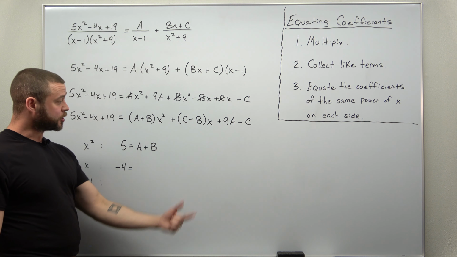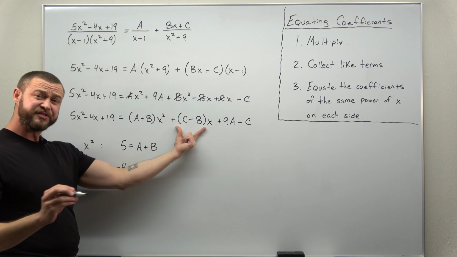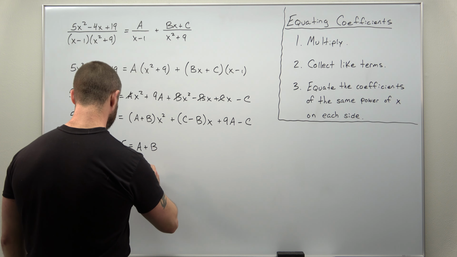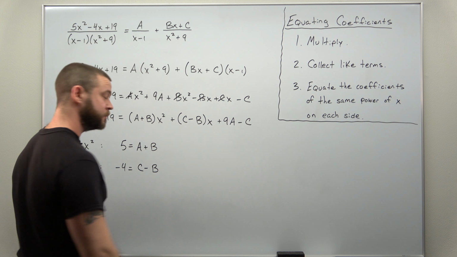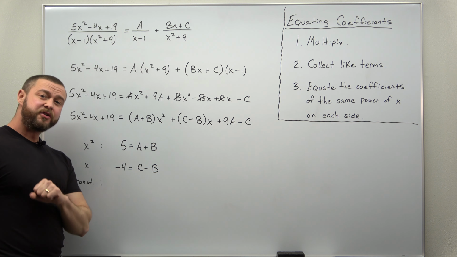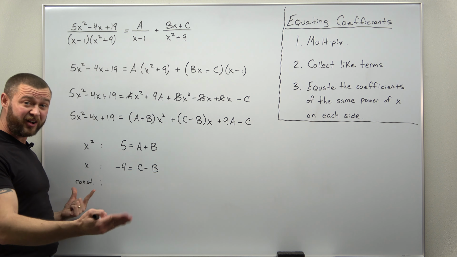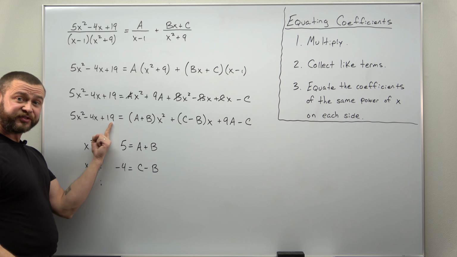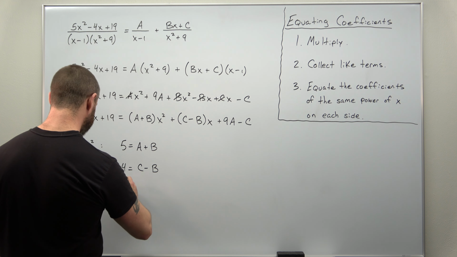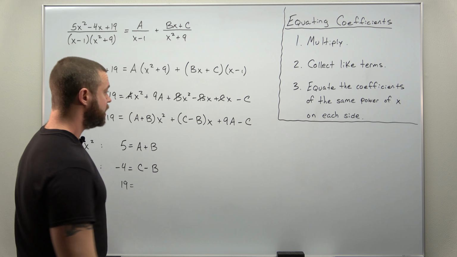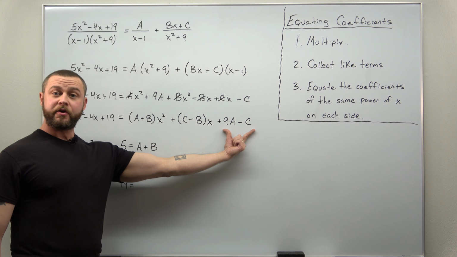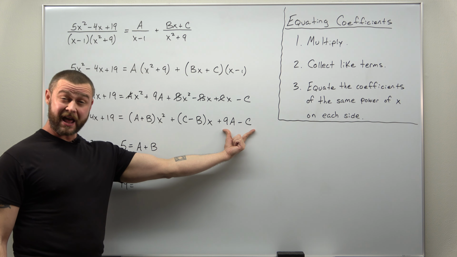And on the right side, your coefficient of x is c minus b. And your last equation, coming from equating the numbers, the quantities without any x's on them, left side, that constant is 19. And on the right side, your constants are 9a minus c.